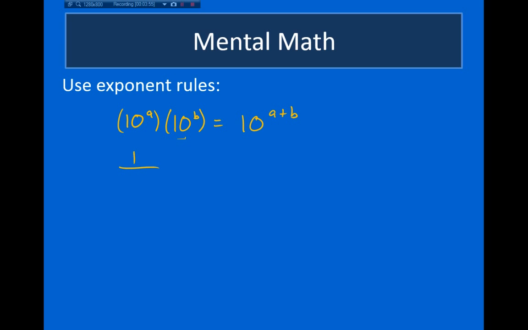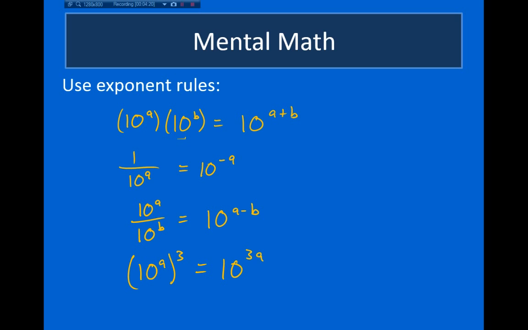Similarly, if you had, say, something like 1 divided by 10 raised to the A, this is 10 raised to the minus A. Combining these first two results, we can see that if I had 10 raised to the A power divided by 10 raised to the B, this is 10 raised to the A minus B. And lastly, if you had, say, 10 raised to the A, cubed, this is 10 raised to the 3A power. So these are all very useful identities that you should definitely know for the AP exam.